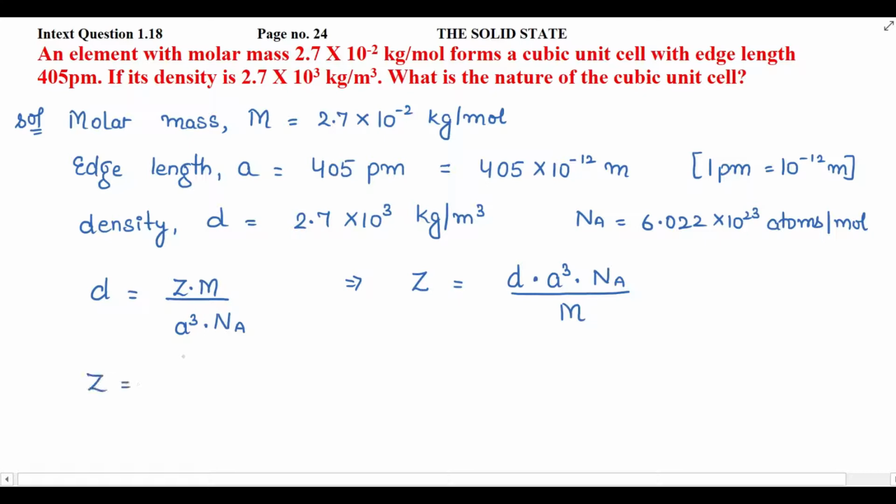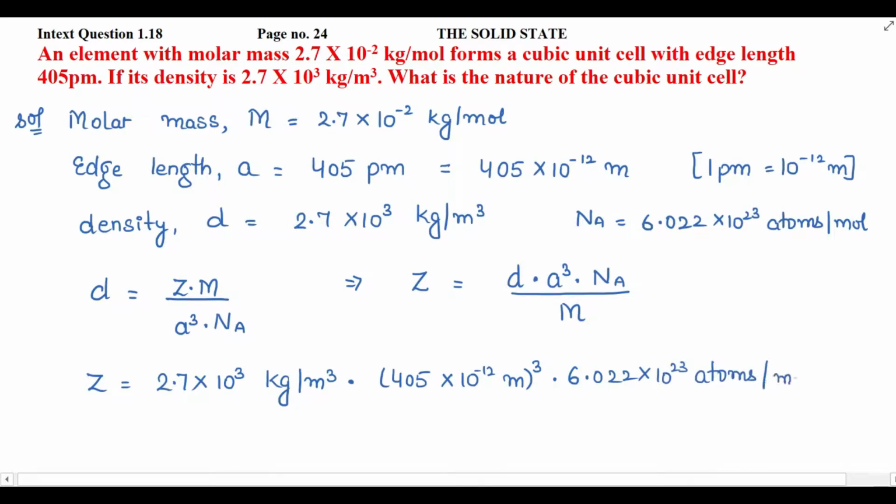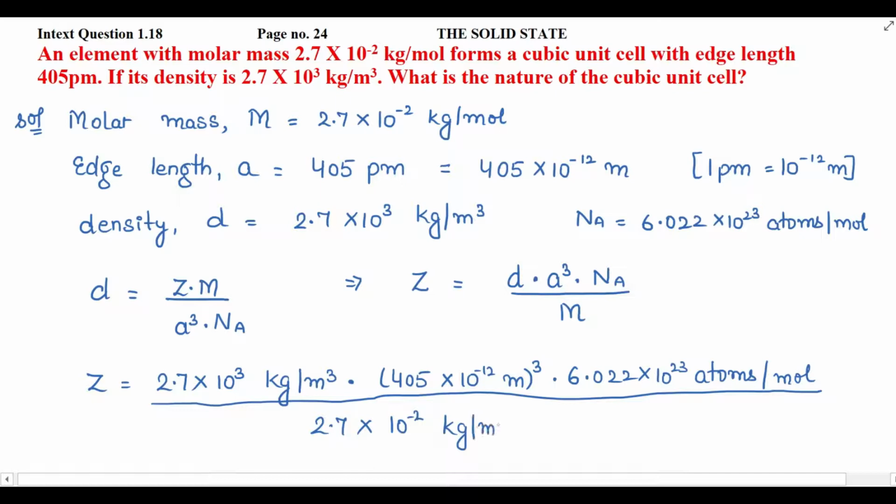Z equals d, 2.7 × 10^3 kg per meter cube, a edge length 405 × 10^-12 meter, we'll do the cube of this value, into Avogadro number 6.022 × 10^23 atoms per mole, divided by molar mass, that is 2.7 × 10^-2 kg per mole.